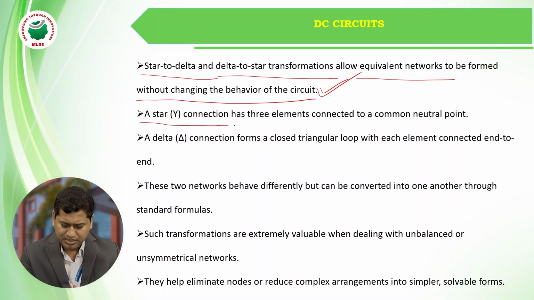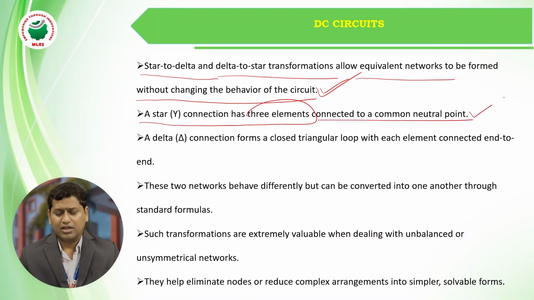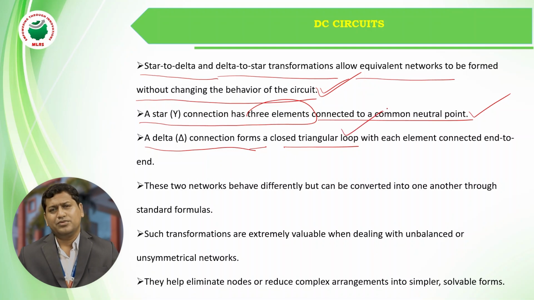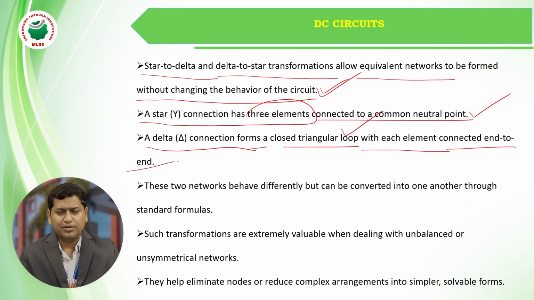A star connection has three elements connected with a common neutral point. A delta connection forms a closed triangular loop with each element connected end to end. Here you find the neutral point. Here you don't see the neutral point.